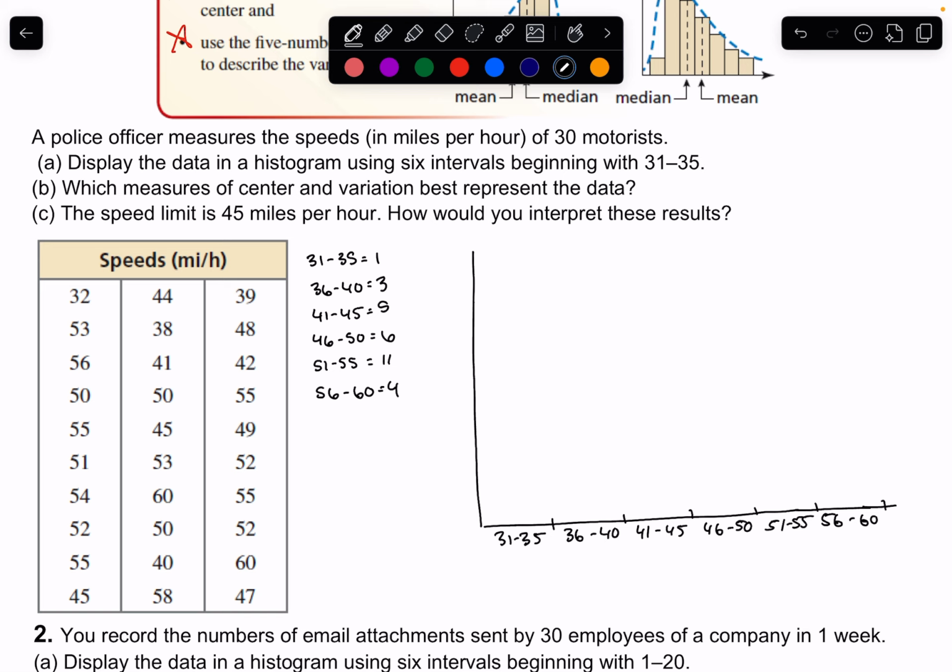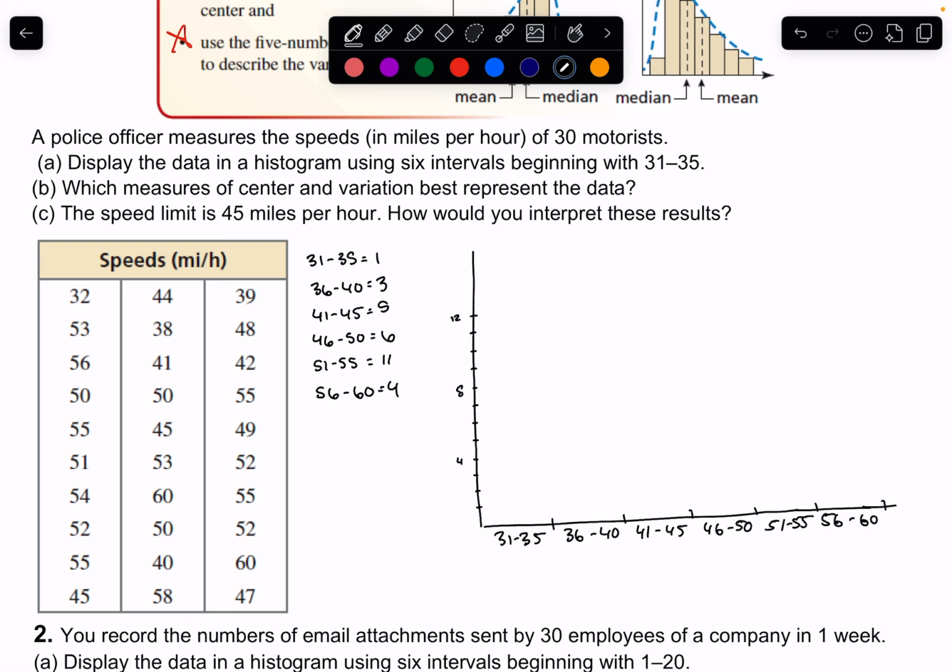Now the frequencies go from 1 all the way up to 11. So I'm just going to mark each one: 1, 2, 3, 4, 5, 6, 7, 8, 9, 10, 11, 12. Each of those tick marks represents one person going that speed.